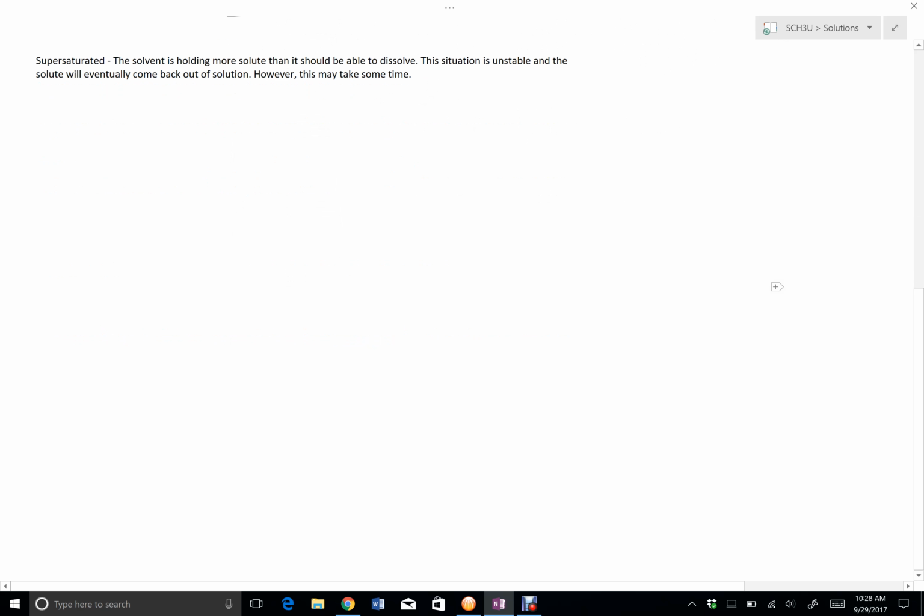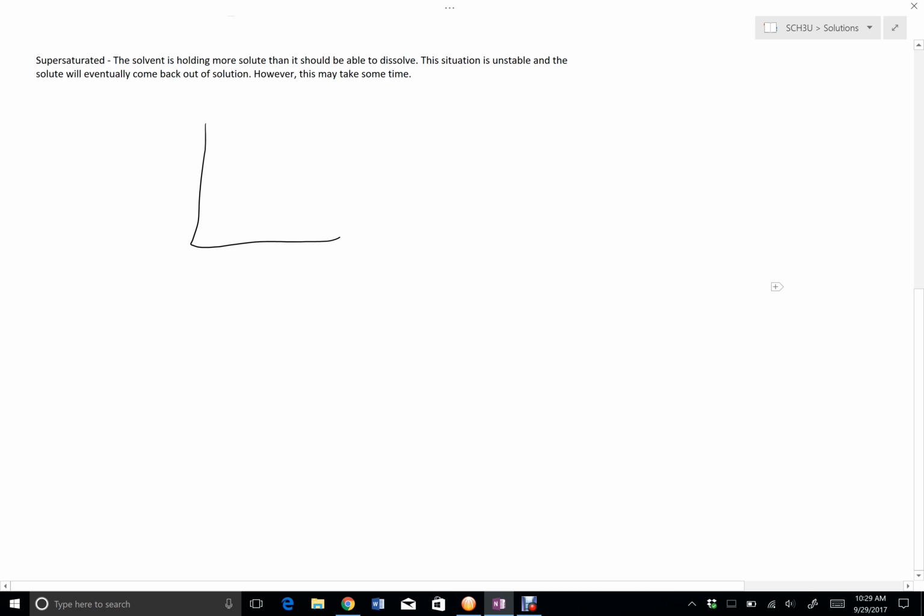The funny one is supersaturated. Supersaturated happens when the solvent contains more solute than it should be able to hold, or when there's more dissolved particles than should be able to be in the solution.